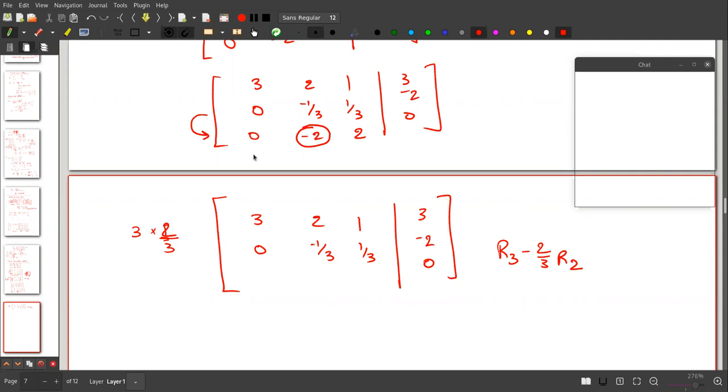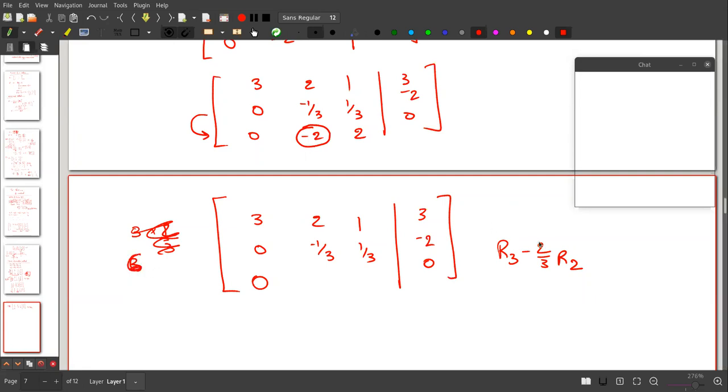So 0 0, you multiply 0 to something and then subtract to 0 is 0. You multiply by 2 by 3, so no, not 2 by 3. What should I write? Let's write 3, multiply 3, and multiply 6.